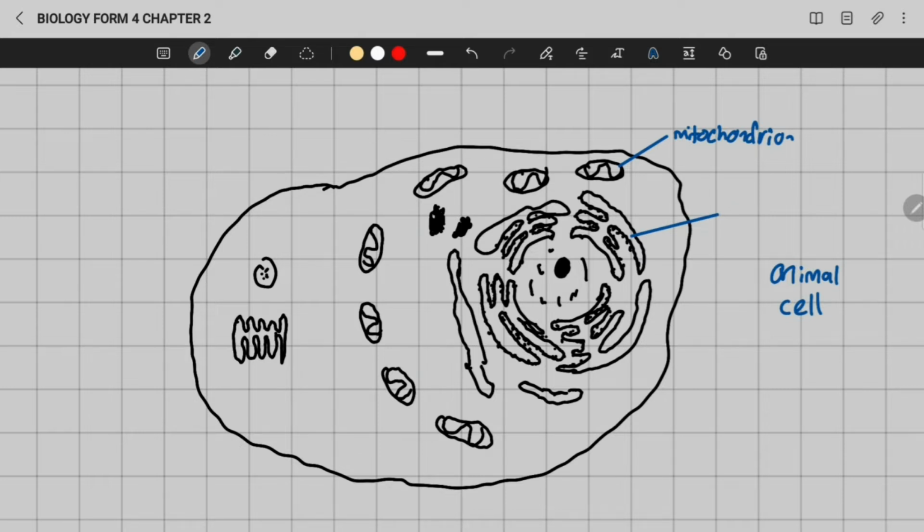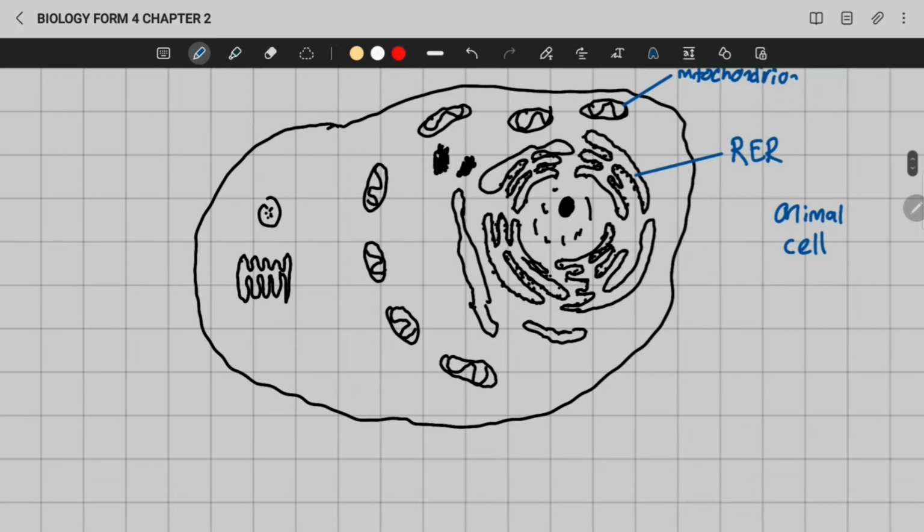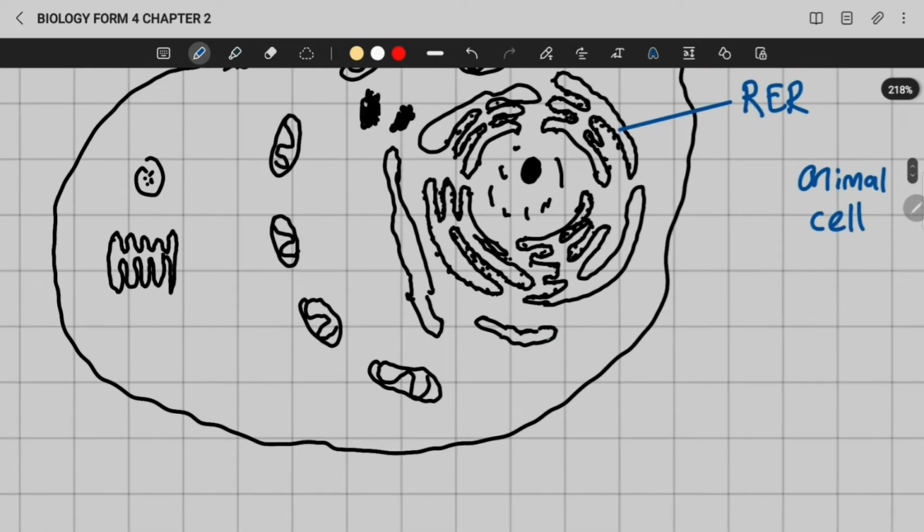For your information, there are two types of endoplasmic reticulum: rough endoplasmic reticulum and smooth endoplasmic reticulum. What differs between them is that the rough endoplasmic reticulum has ribosomes attached to it. I will write it in short form, RER here, and as I said, smooth endoplasmic reticulum. I think it's more accurate to put it here.